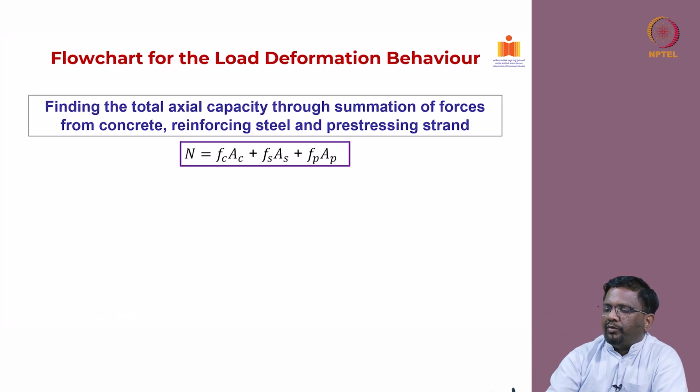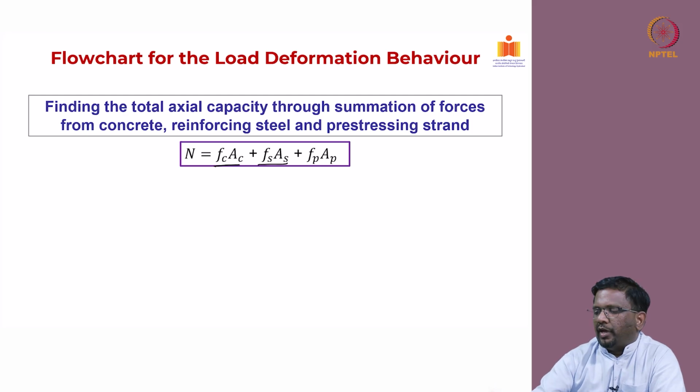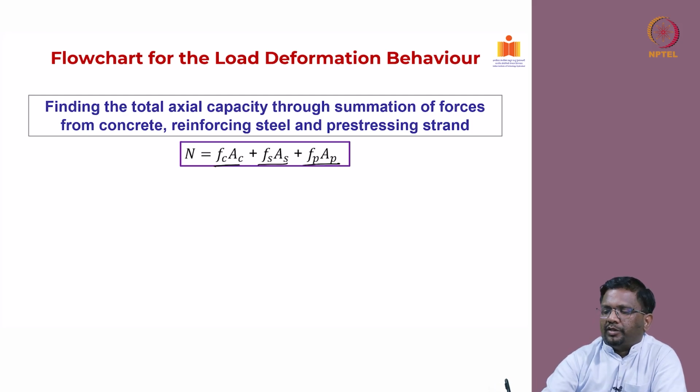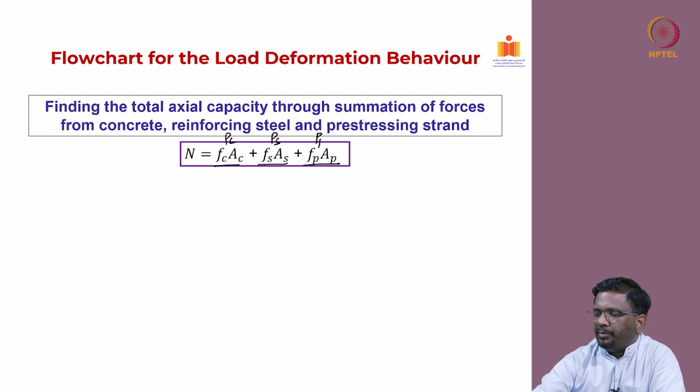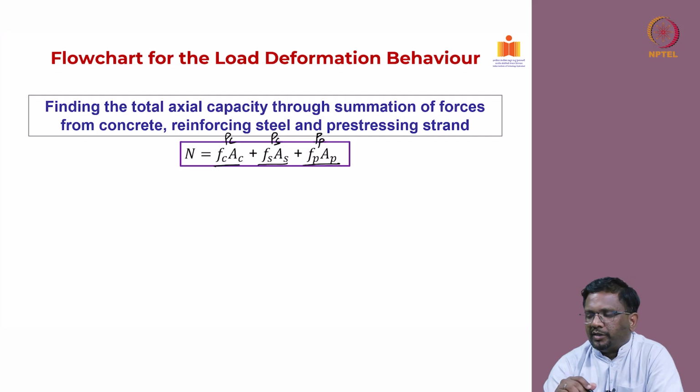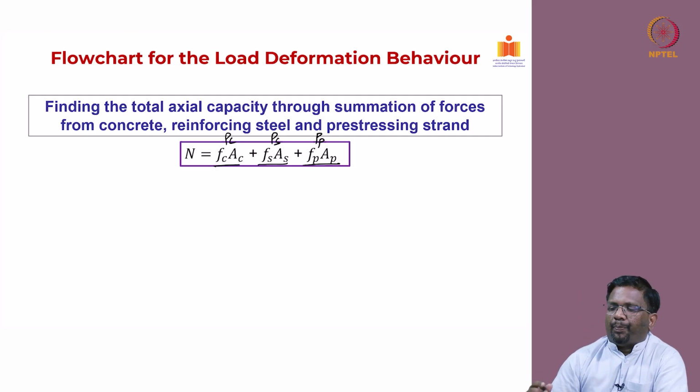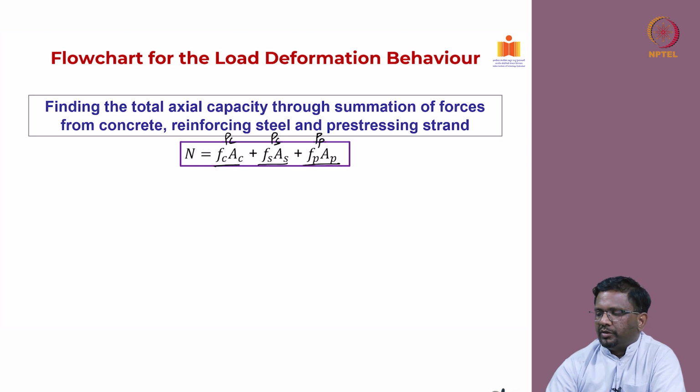Now, the axial load will be resisted by concrete, non-prestressed steel and prestressed steel. So, this is basically your PC, this is your PS and this is your PP, where P is for prestressing steel, S is for normal steel and C is for concrete. Now stress is known, stress multiplied by area will give me force. So, that is what we are actually doing.